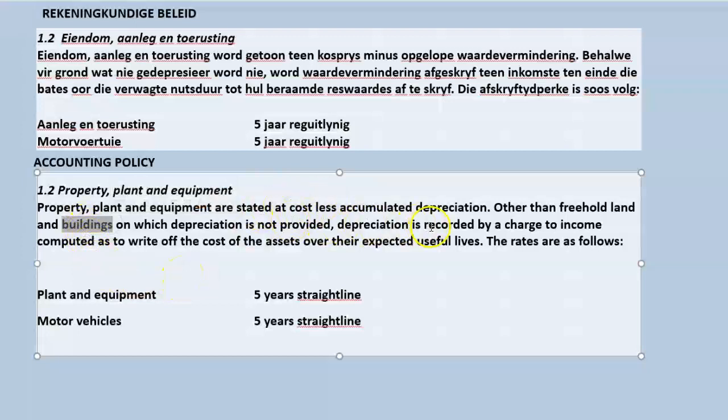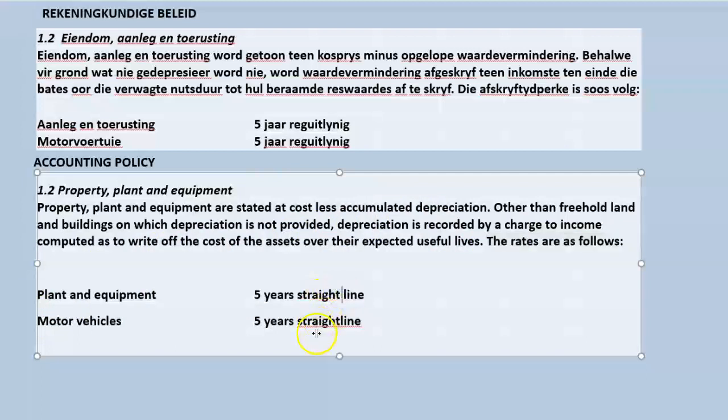Good. So other than the land and buildings, where no depreciation is provided, depreciation is recorded by a charge to income computed at the rate of the cost of the asset over the expected useful lifetime of the asset. And then we have to show the rates and the method. So the rate on plant and equipment is 5 years on the straight line method.